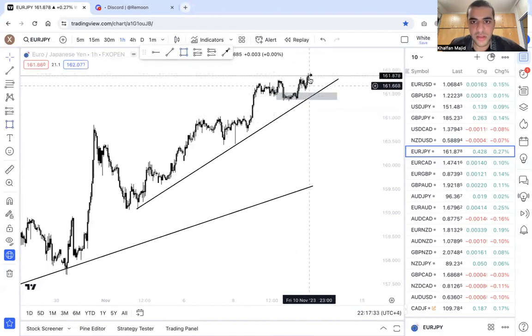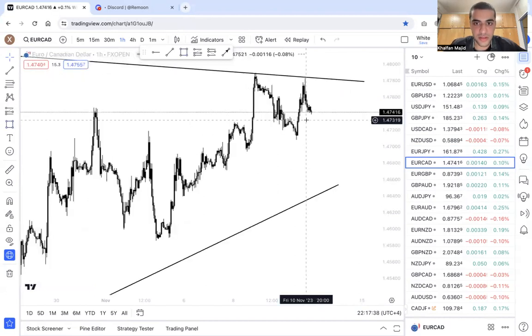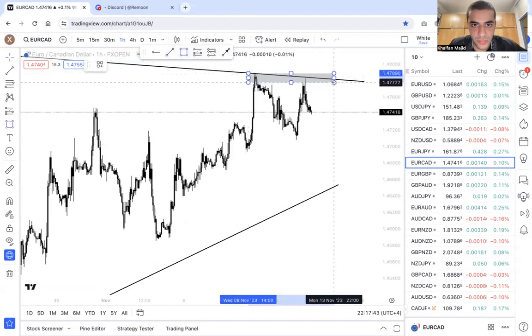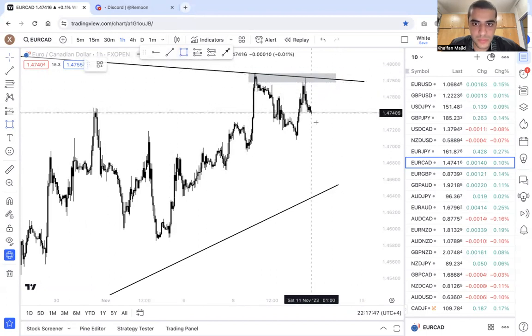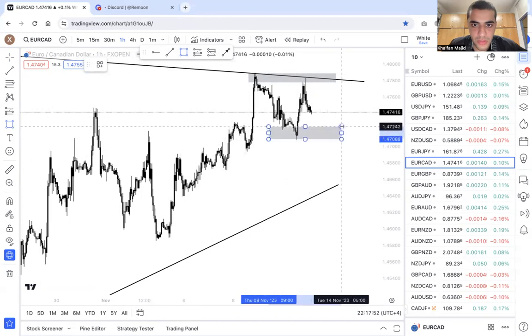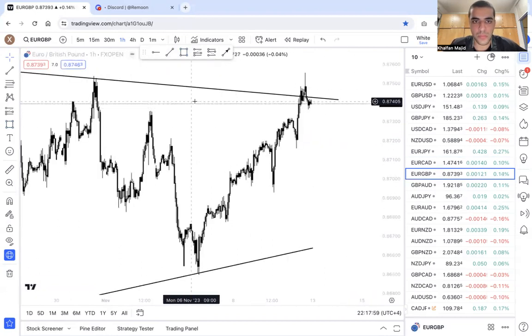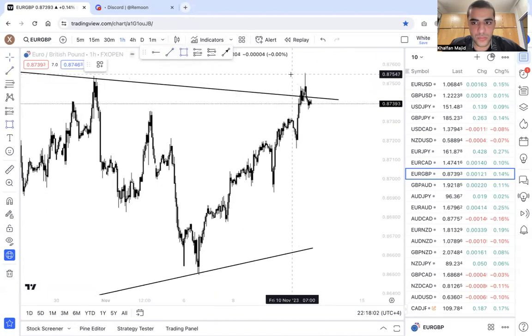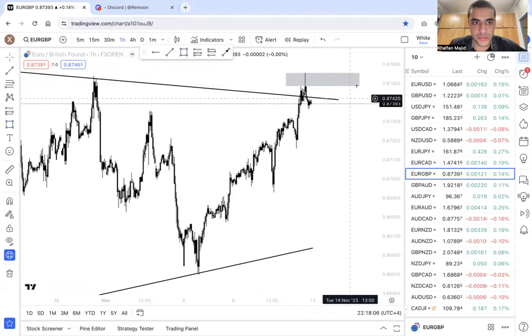These are not respected, so I don't look at zones that are not respected. EG, but at one point it could break, so we just don't.